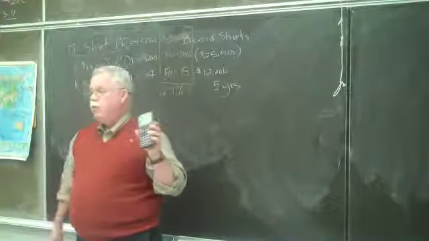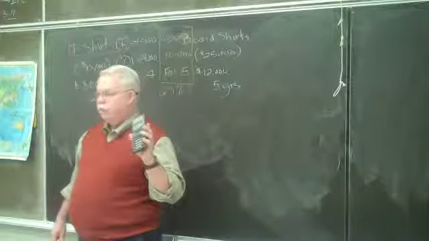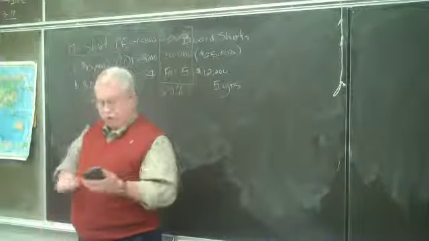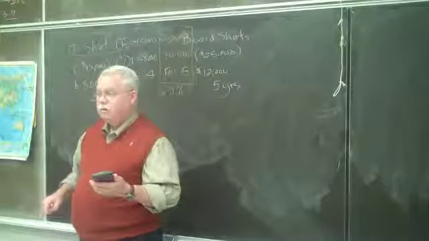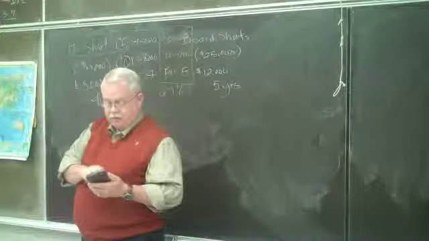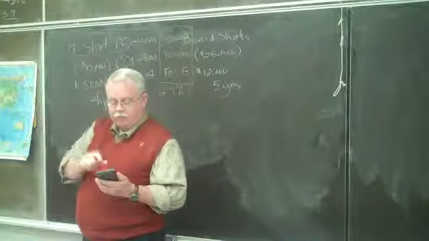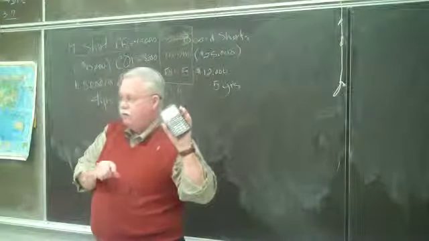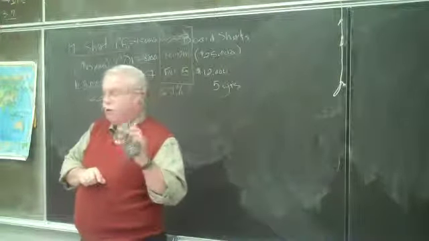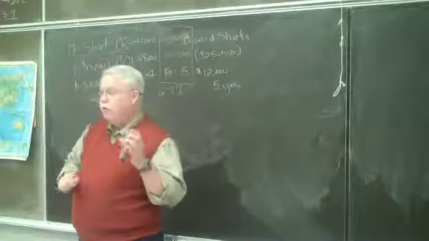press net present value. You've already entered your cash flows. Just press net present value. What does it ask you for? Your interest rate. So 7 and enter. Compute. Down arrow, sorry. 7, enter, then down arrow, it says NPV equals 0, right? And then ask it to compute it.